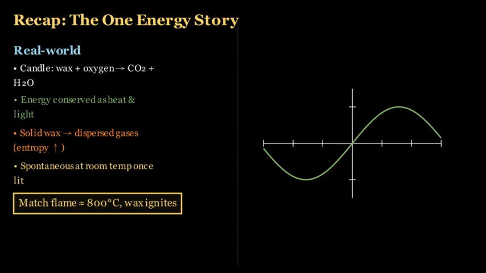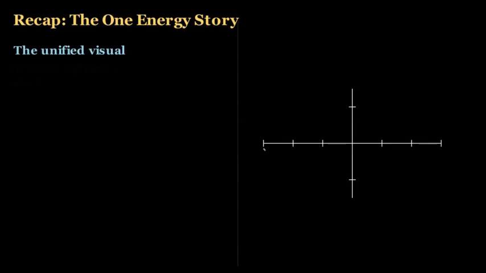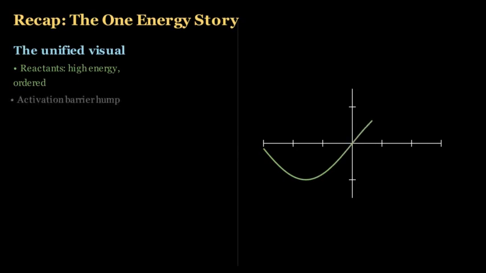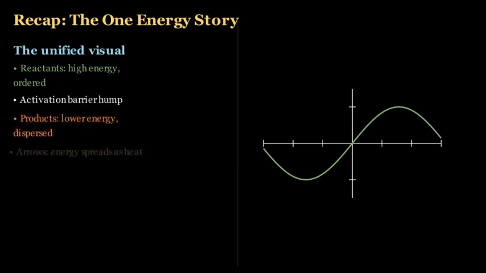Now let's see it all on one energy landscape. Picture a graph with energy on the vertical axis and the reaction path on the horizontal. On the left, the reactants sit at a high energy level, they're the wax and oxygen, full of stored potential. A hill rises in front of them, the activation barrier.